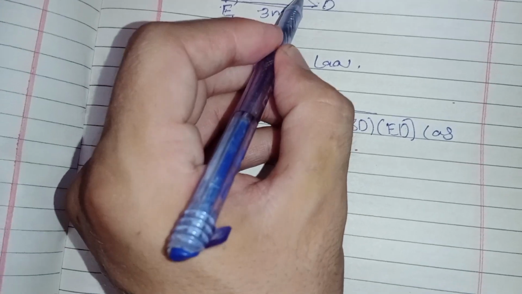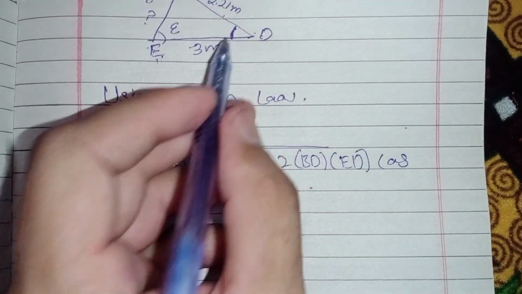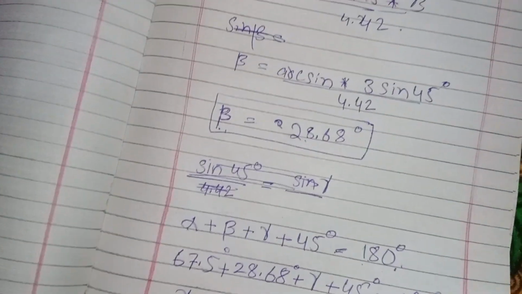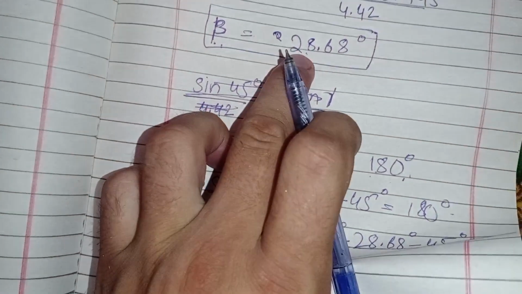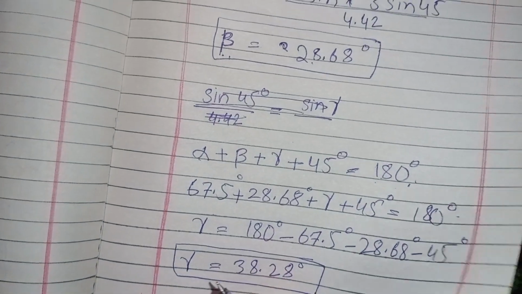What is this angle? This is beta, and we found beta, 28.68 degree.